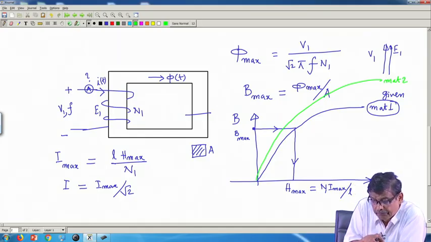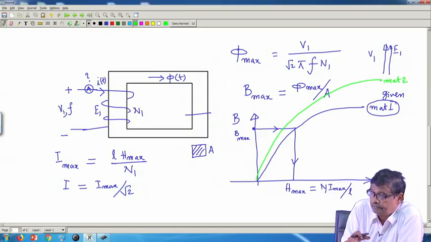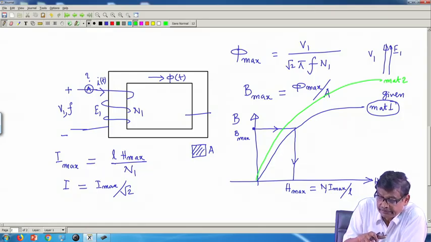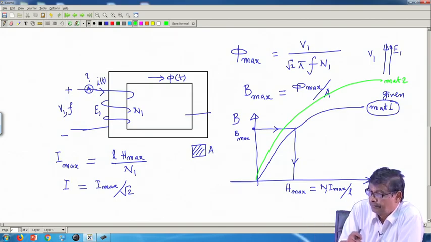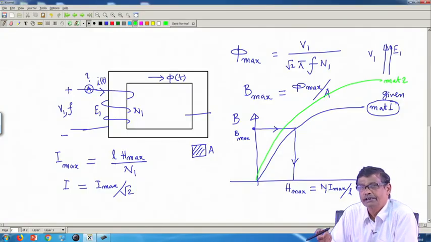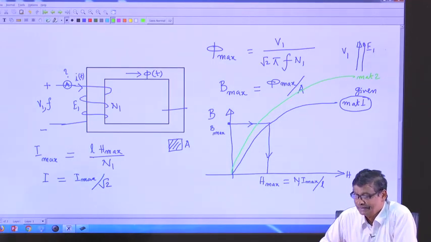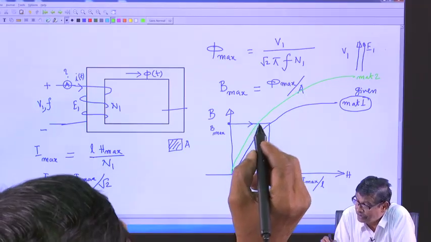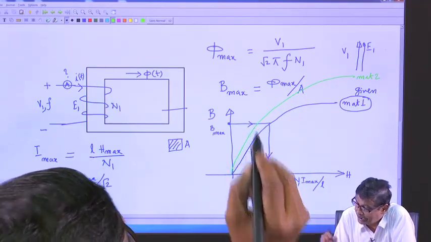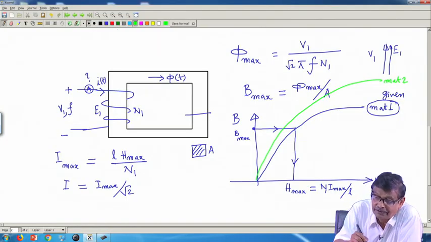Then I apply the same voltage and frequency to this coil. Then how much current is this coil going to draw? If this is material 2 now, phi max is fixed, no matter whether it is material 1 or material 2. So, you read the same B max, but now you have to read the value of H max. This is for material 1.